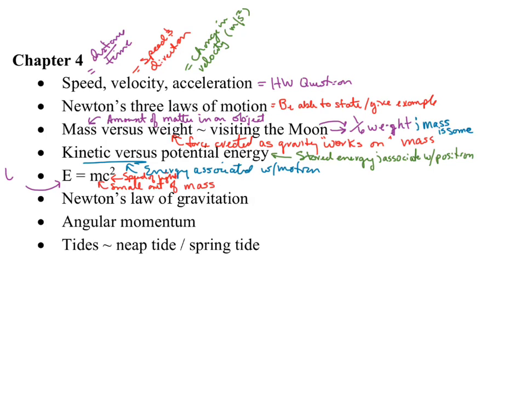Okay, so since the speed of light is very big, if you square a real big term, it's a really big term. So a small amount of mass times the speed of light squared. The point here is that you get a large amount of energy from a small amount of mass. And that's actually what's going on with nuclear reactions, like in the sun.